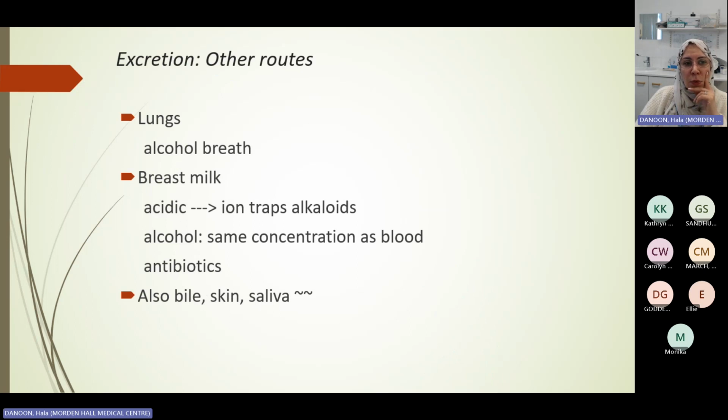Other excretion routes are the lungs, and that's why they do alcohol breath testing, and breast milk. This is why it's important to understand if the medication gets excreted in the milk in high quantities, because we need to give specific advice for certain medication.